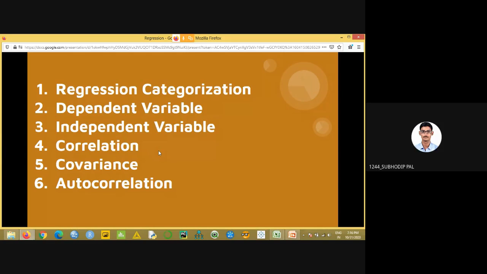So autocorrelation refers to the degree of correlation between the values of the same variable across different observations in the data. This is a very important term. You can expect this in MCQ.